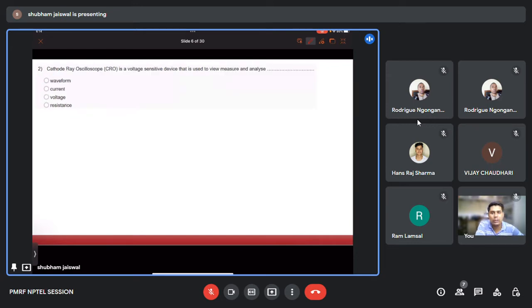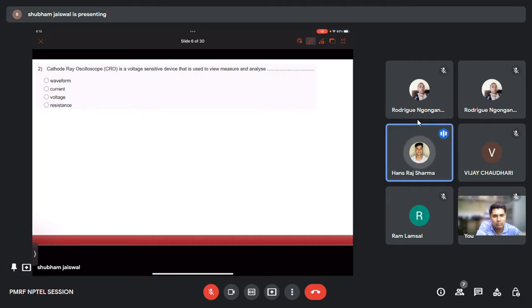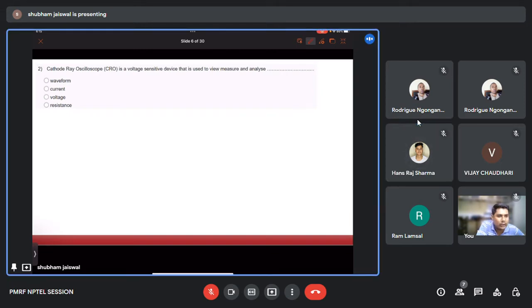The second question is: the cathode ray oscilloscope is a voltage sensitive device that is used to measure and analyze waveform, current, voltage, resistance. Anyone? Sir, voltage, to measure the voltage. Any other answer?